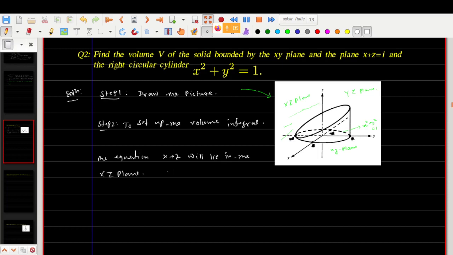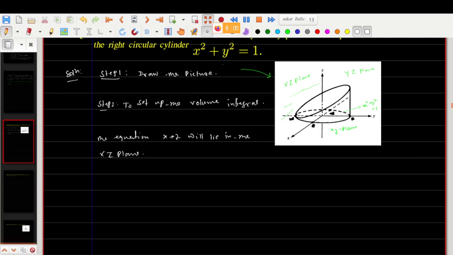And since x is also varying, because x is varying over the unit circle in the xy plane. Right, now see, when your point is here, suppose your x is here, then the x plus z will belong to here.